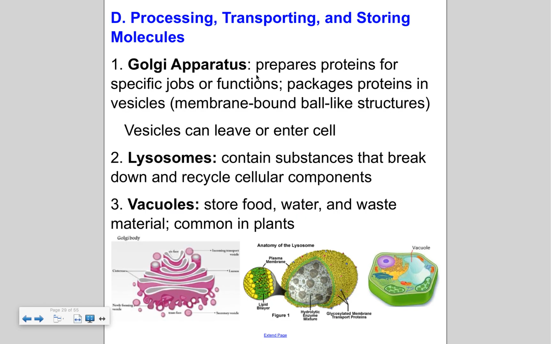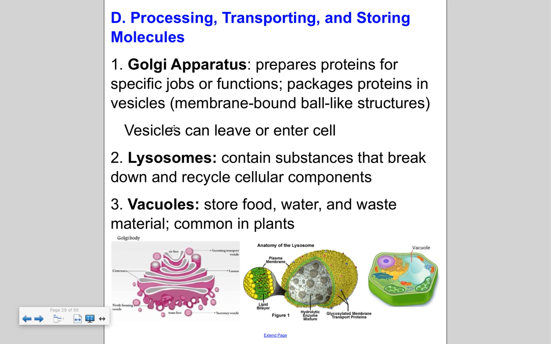Okay, another section of organelles are organelles that can process things, that can help move things, and store molecules. So the Golgi apparatus, what it does is it takes proteins, okay, and it prepares them to carry out special jobs or functions. It also can package proteins into these membrane-bound ball-like structures called vesicles.